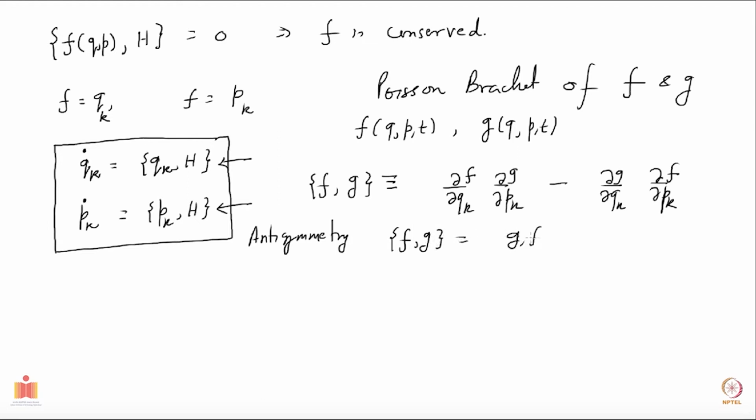So if you interchange g and f, their positions within the bracket, you pick up a minus sign. Okay, so next, if you take the Poisson bracket of one function f with a constant, you are going to get 0 because the derivatives of the constant will give you 0. So let me put it down. c is a number here.